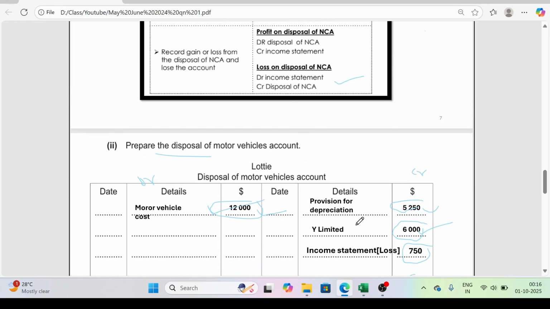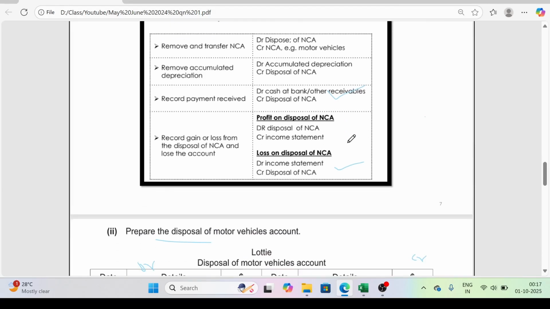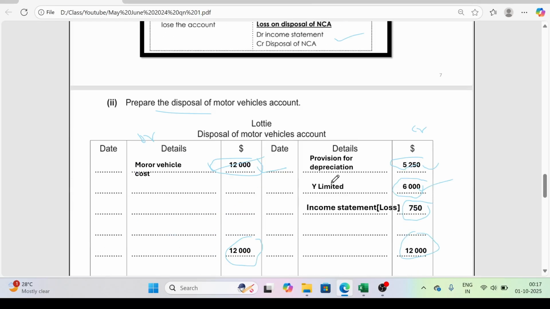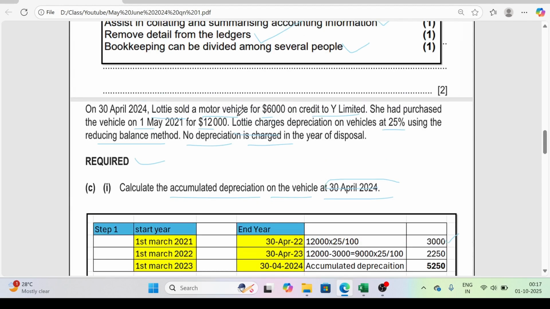Then Y Limited 6,000 here, instead of cash or bank. This one. So here, customer, right? Y Limited. Loti sold a motor vehicle for 6,000 on credit to Y Limited.